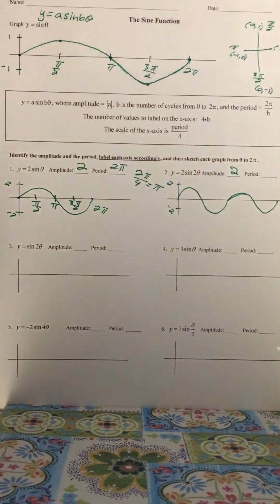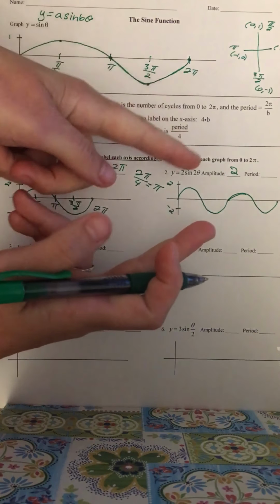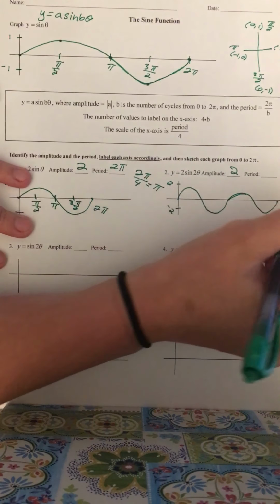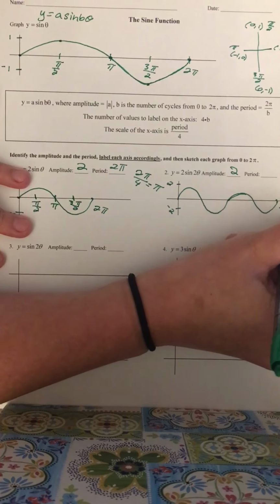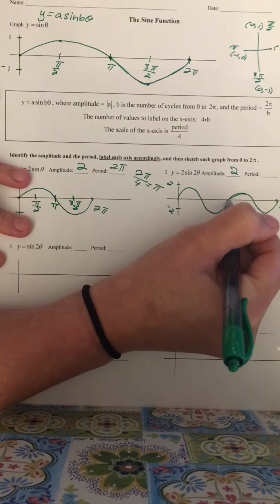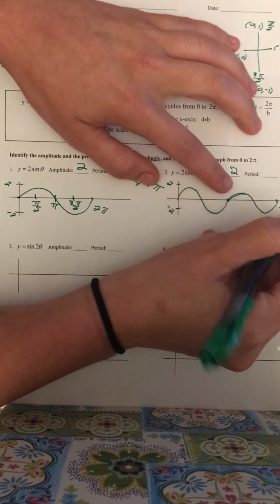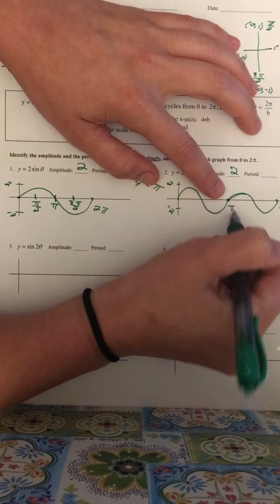This should look equal. It's just the way I've graphed it. So this is from 0 to 2 pi. We're dividing each of these cycles into 4 parts. So if this is 2 pi, this has to be pi.